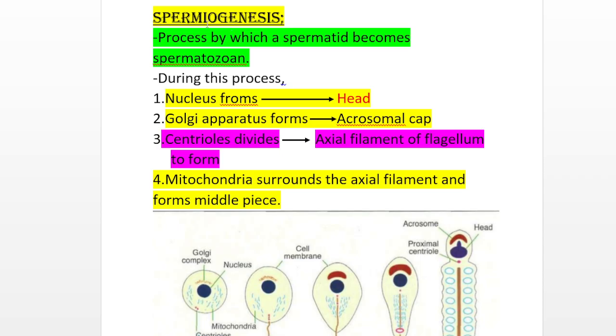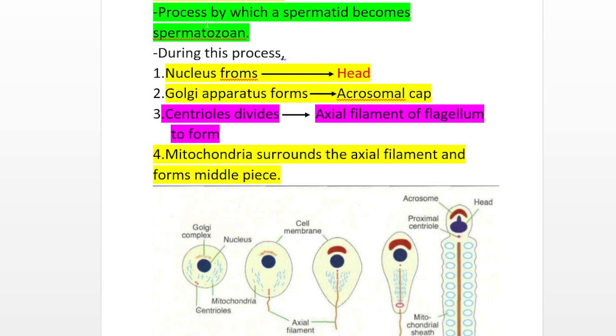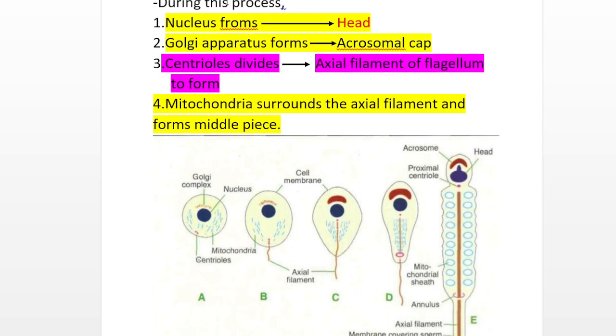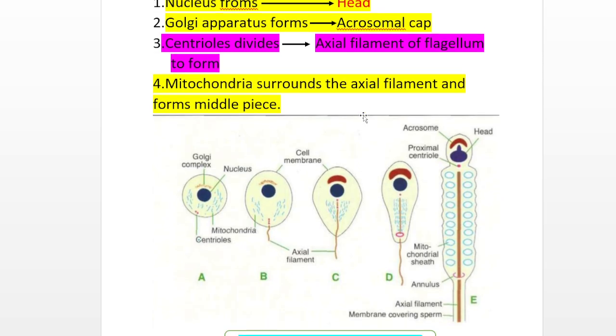We have to understand the different changes that occur during the development of spermatid into spermatozoa. During this process, the nucleus forms the head, the Golgi apparatus forms the acrosomal cap, the centriole divides to form the axial filament of the flagellum, and the mitochondria surround the axial filament and form the middle piece.